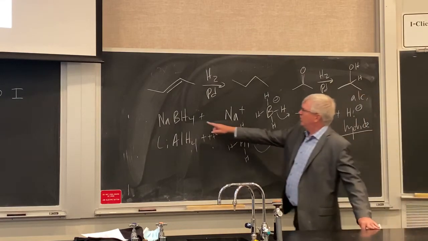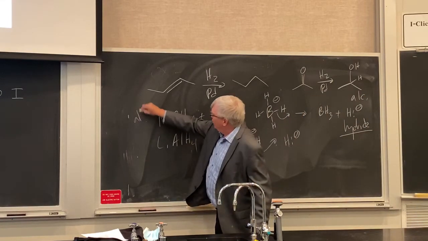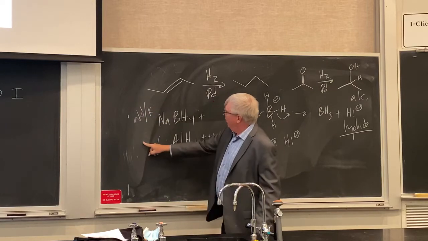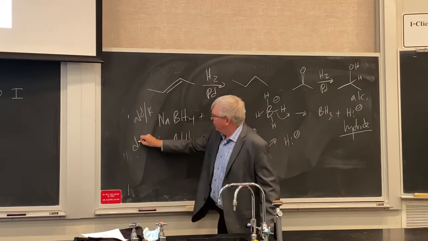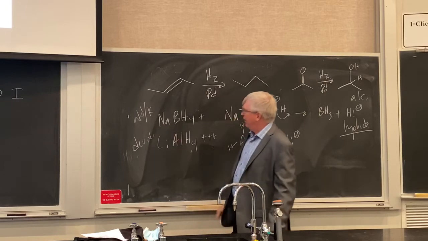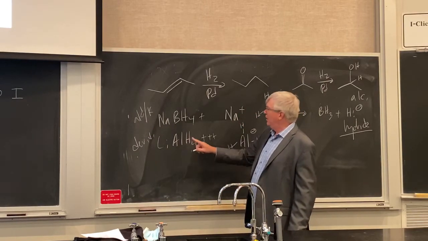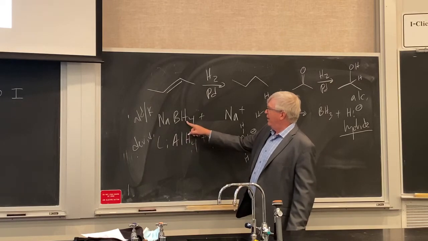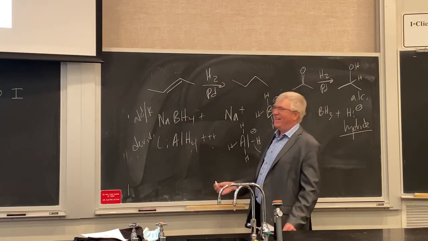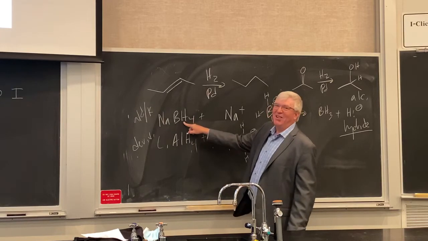So this is gonna work just with aldehydes and ketones. This is gonna work with aldehydes, ketones, and a bunch of other derivatives, okay? That we're going to see there. So this is the more universal reducing agent. This is the less reactive one. Well, why do we have the two? This is a cheaper one, and it's more stable. It's safer to use.